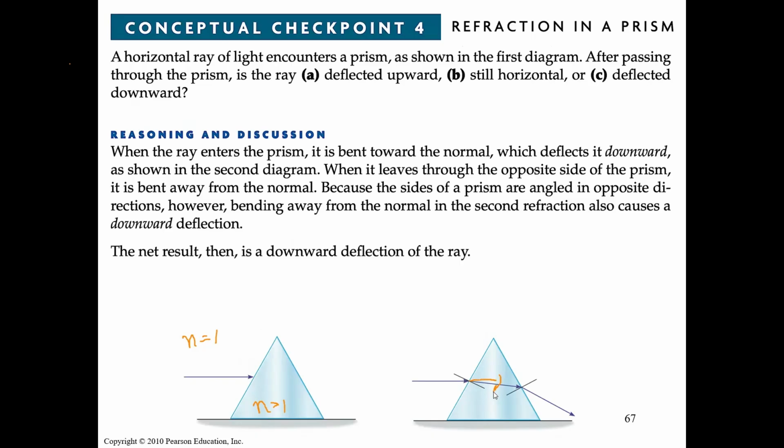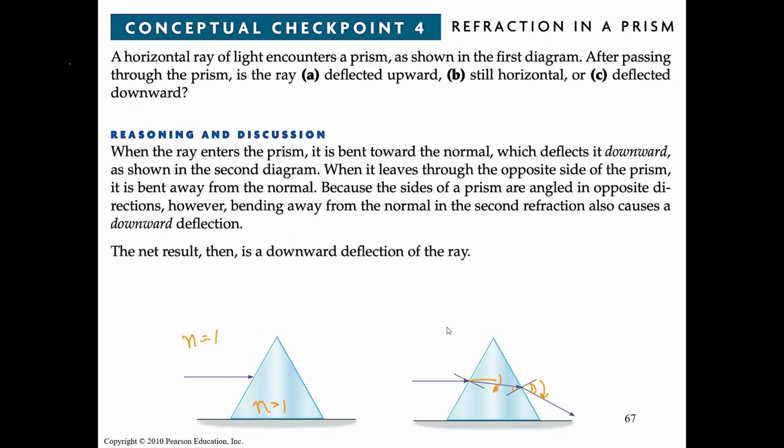Okay, it should bend towards this way. And what about the second interface? The second interface is going from a larger refractive index to a smaller refractive index. So the angle inside air should be larger than the angle inside prism. Okay. And what happens is that the light ray is further bent away from the surface normal and from the horizontal direction.